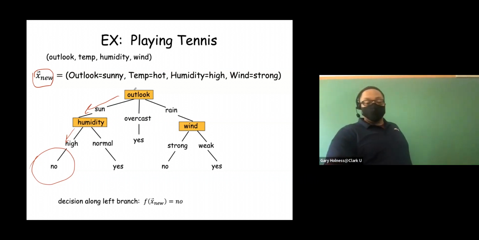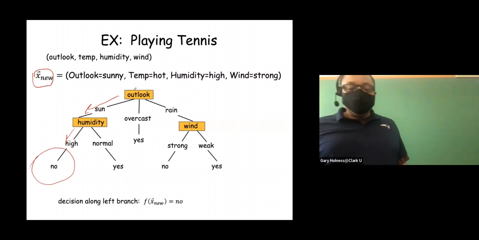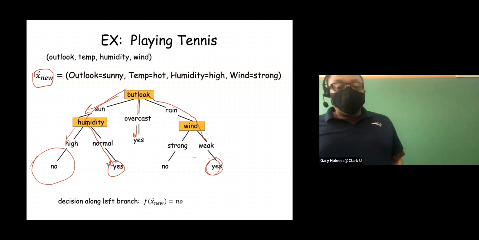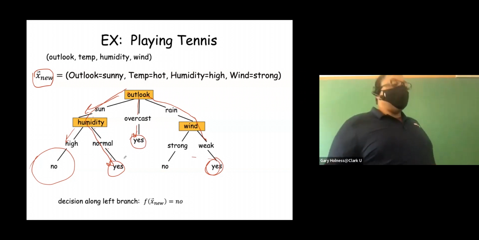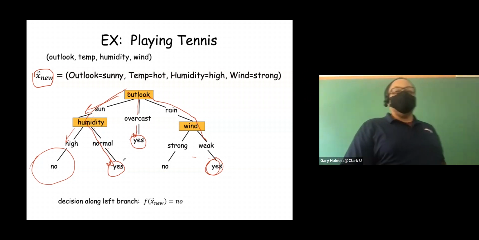And so if we look at this tree, one of the things we notice is if we look at all of the positive examples, these yes labels, if we traverse a root to leaf path for each one of these yes conditions, so outlook is sunny, humidity is normal, yes, go play tennis. Outlook is overcast, yes, go play tennis. Outlook is rainy, the wind speed is weak, yes, go play tennis. So for all of the yes majority class labels for these leaf nodes, we can actually come up with a logical expression equivalent for this particular classifier.